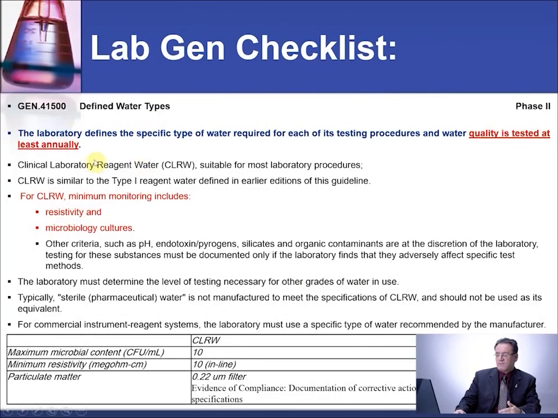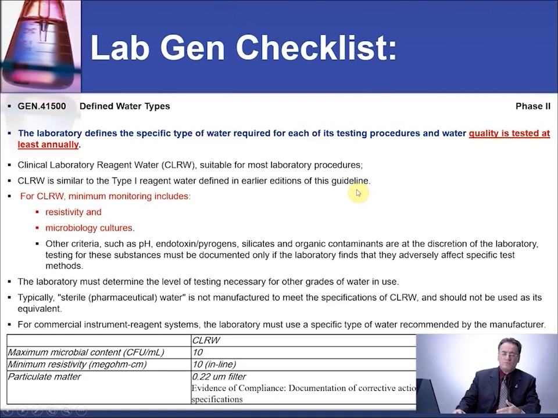Defined water types. If you are using water for your instrument, you need a procedure. You need to define the water type that you are using, and you need to check the quality of the water at least annually.